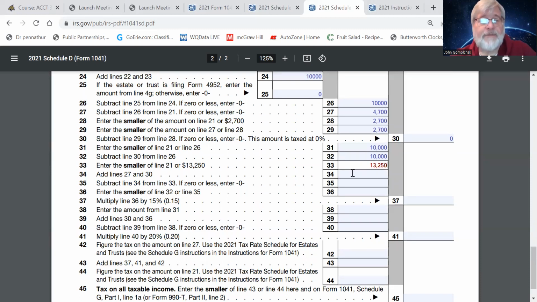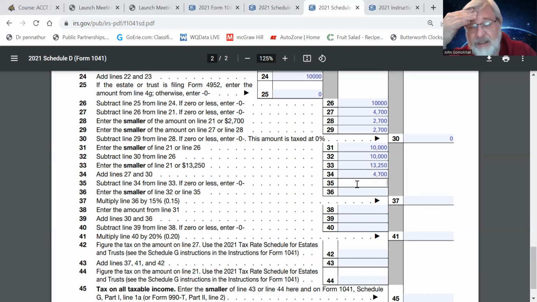Line 34, add 27 and 30. Okay, so 30 is 0. 27 is 4,700. So 4,700. Line 35, subtract 34 from 33. 4,700 from 13,250.